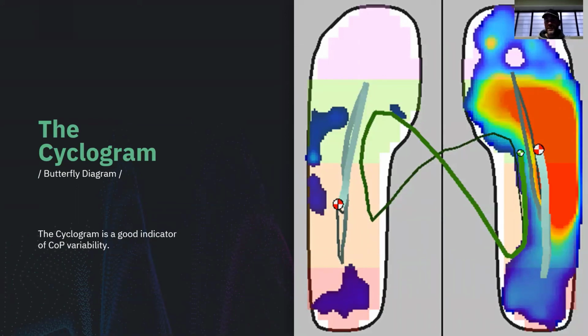The cyclogram is a good indicator of center of pressure variability, because it helps understand how the center of pressure is changing over time during different strides.